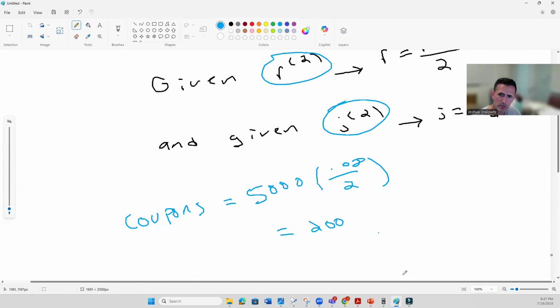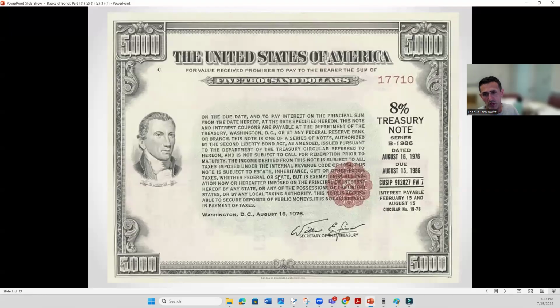So we know exactly what this bond is going to give you if you so desire to purchase it. It would give you $200 at the end of every 6 months, and then you would get 5,000 back after 10. Okay.